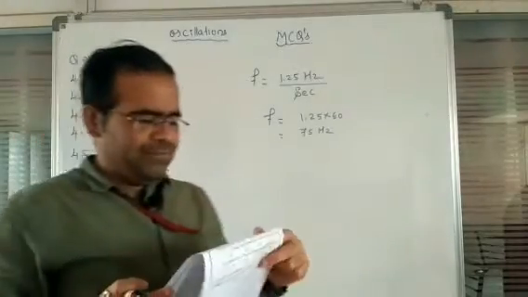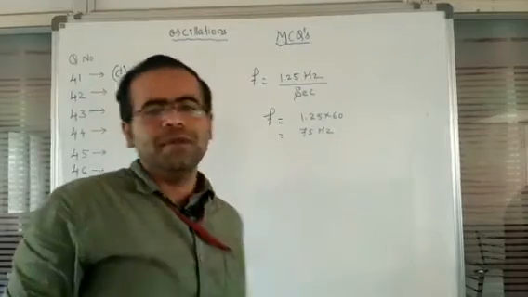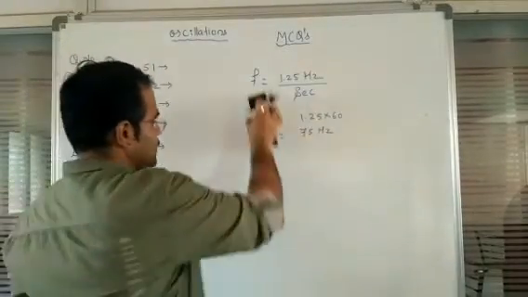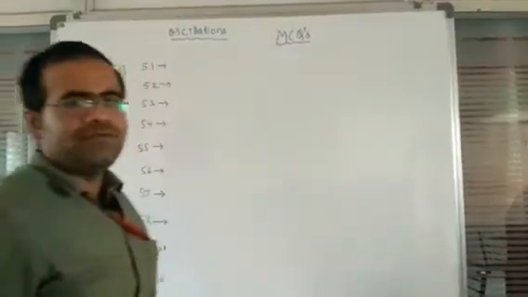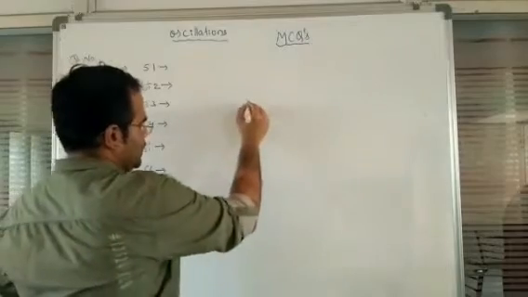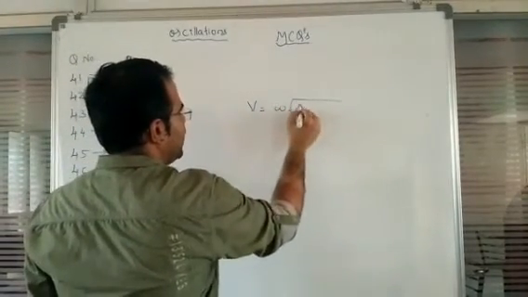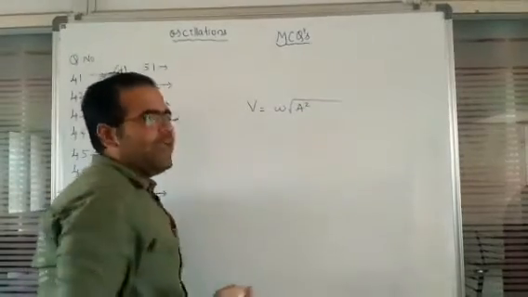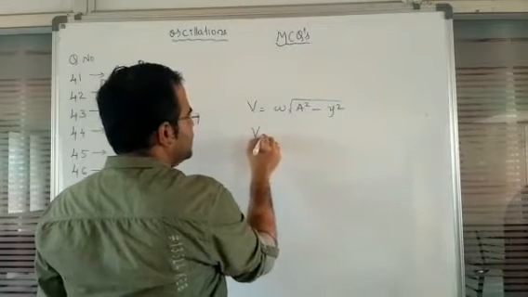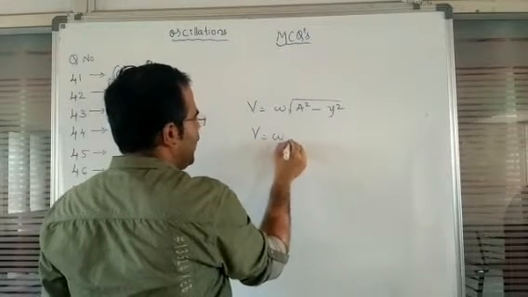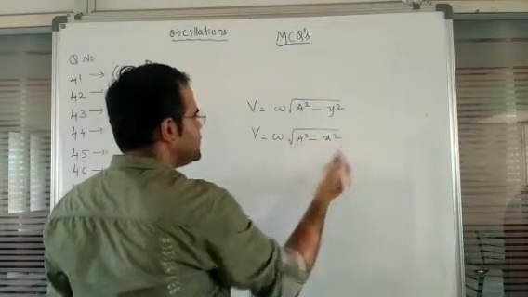Next, question number 42. The velocity of a particle executing simple harmonic motion is given by the equation we already know. The velocity of a simple harmonic motion is V equal to omega multiplied by under root of a square minus y square, or else we can write V equal to omega multiplied by under root of a square minus x square.